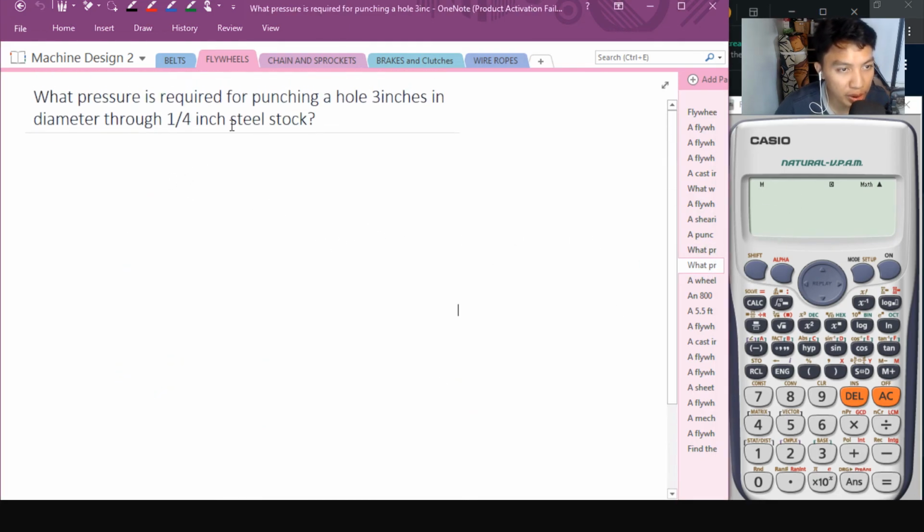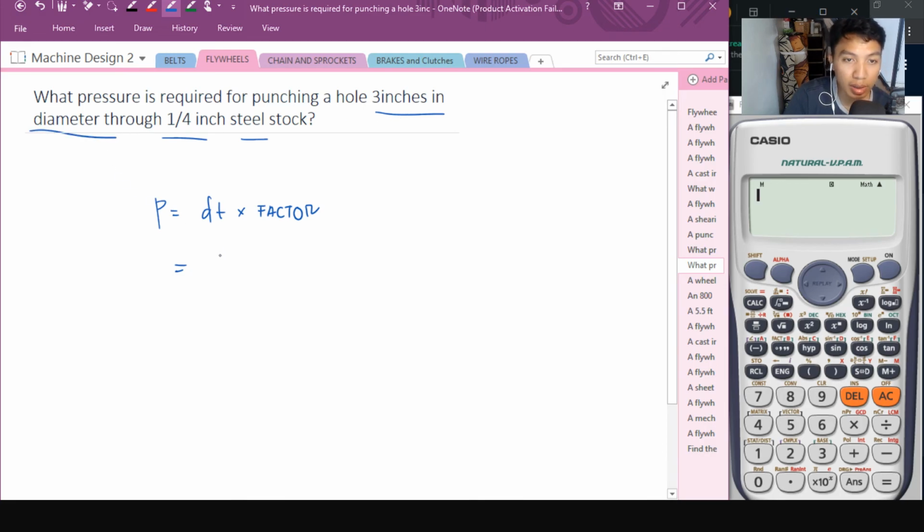What pressure is required for punching a hole 3 inches in diameter through a 1/4 inch steel stock? So, yun na rin. So, this is dt times factor. Pag circular yung hole. Circular ang hole. Bakit ko nasabi? Diameter yung binigay. So, 3 inch multiplied to thickness na 0.25.